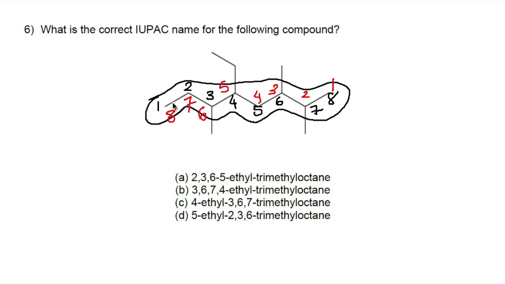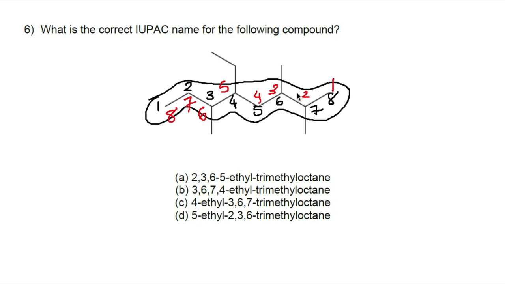In both cases, you have 8 carbons, which is what we wanted, but we want to know if we're going to start from the right or from the left. So if we go with the black numbering, 1, 2, 3, 4, the first substituent falls in position 3. But if you go with the red one, you see the first substituent will fall in position 2.